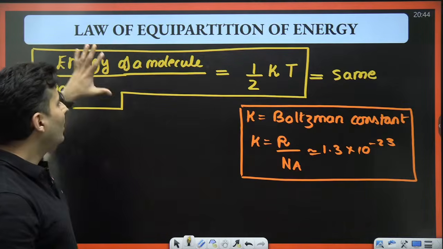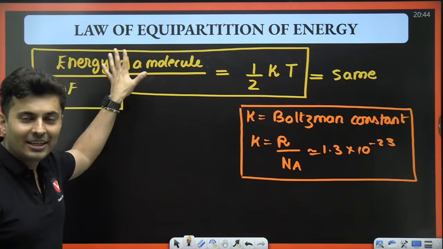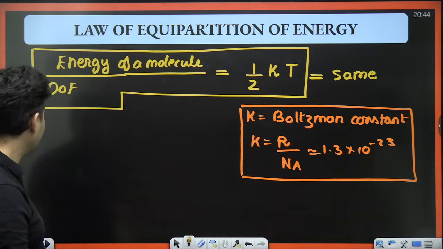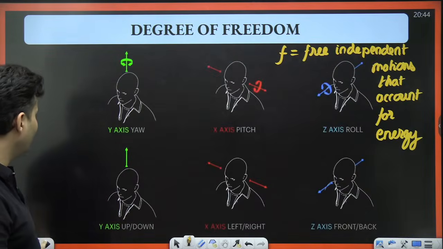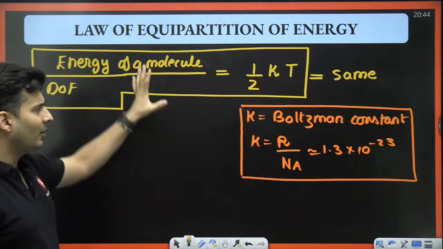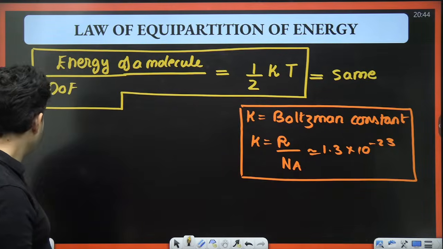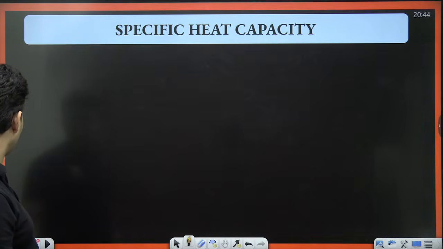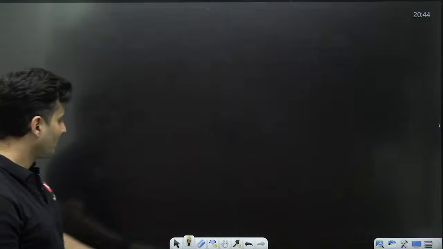So, how do I use this in our KTG? Why did we discuss degrees of freedom? Why did we discuss law of equipartition of energy? You will see that in the next slide. So, observe this now.